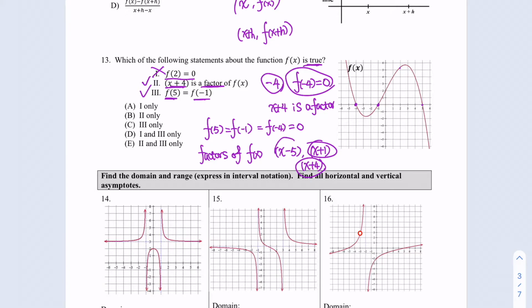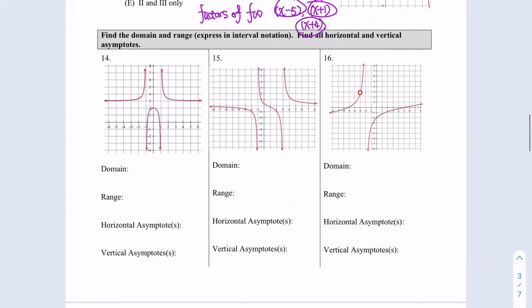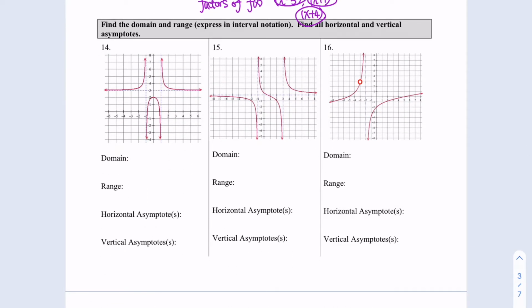You have 3 factors. Number 14 to 16, domain, range, horizontal asymptotes and vertical asymptotes. So domain is for x. If you look at the graph, x cannot be negative 1 and cannot be 1. So the domain will be negative infinity to negative 1, negative 1 to positive 1, and 1 to infinity.